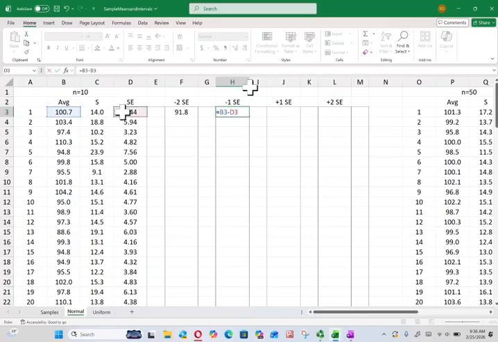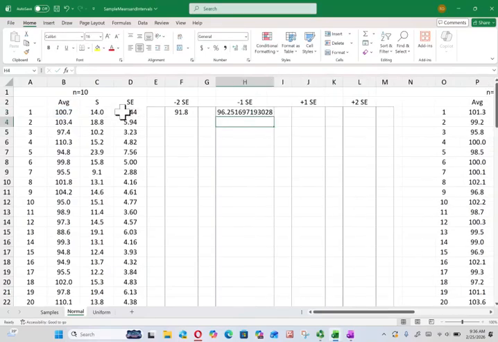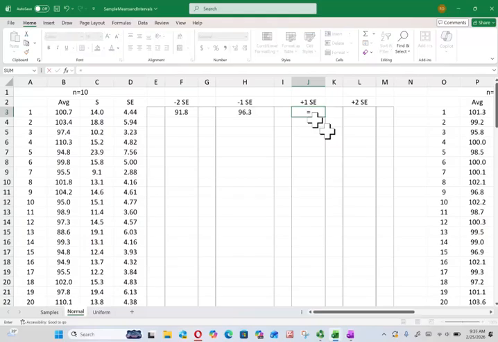No multiplication needed. Then we go 1 up, equals the average plus the standard error.